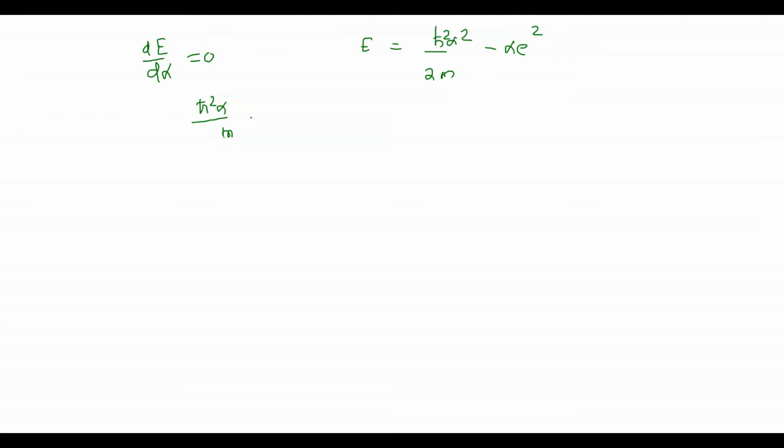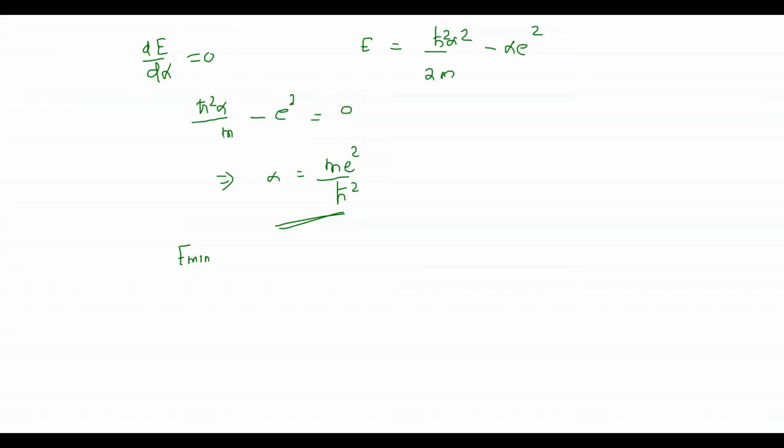So h bar square alpha upon m minus derivative of alpha is 1 E square, this should be equal to 0. So we get alpha is equal to m E square by h bar square. So this is my alpha. I substitute this in E. What will I get? E minimum.